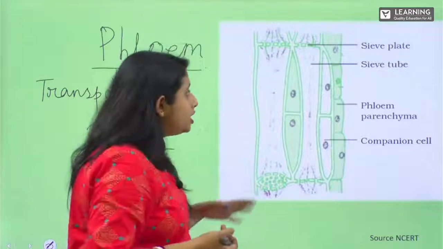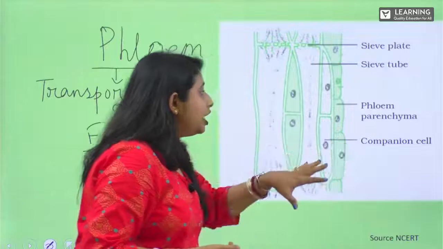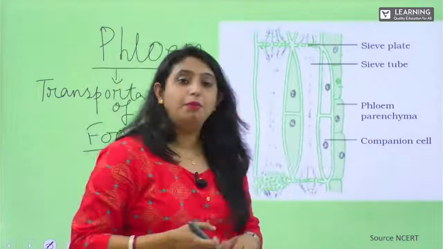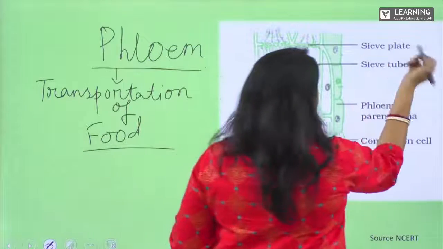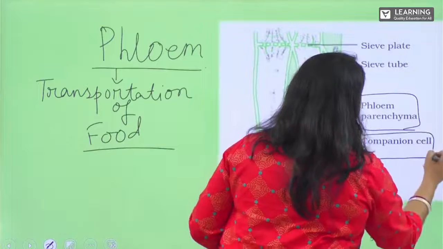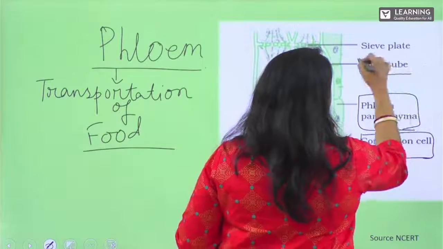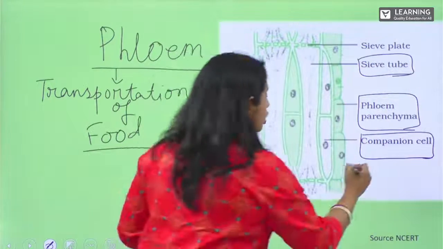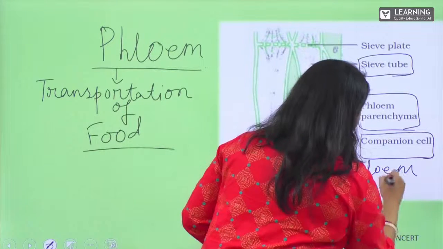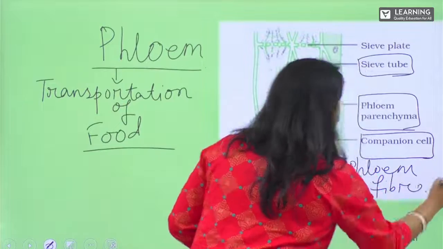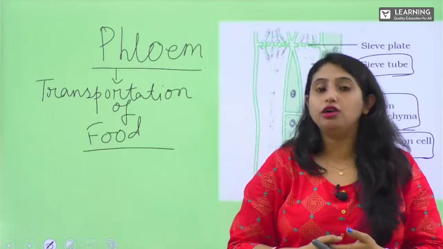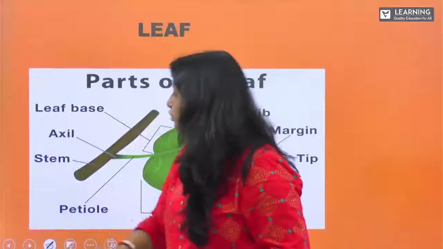What are the 4 cells? Sieve tube, phloem parenchyma, companion cells, and one more, phloem fiber. So these 4 are the elements of the phloem which is responsible for the transportation of food.